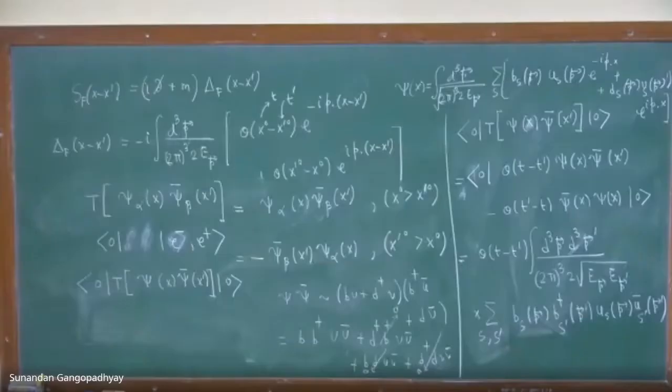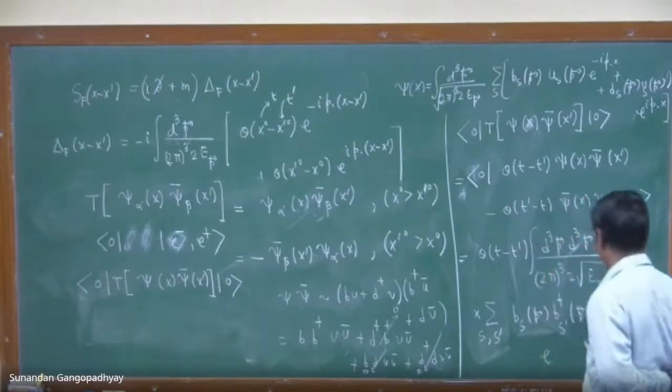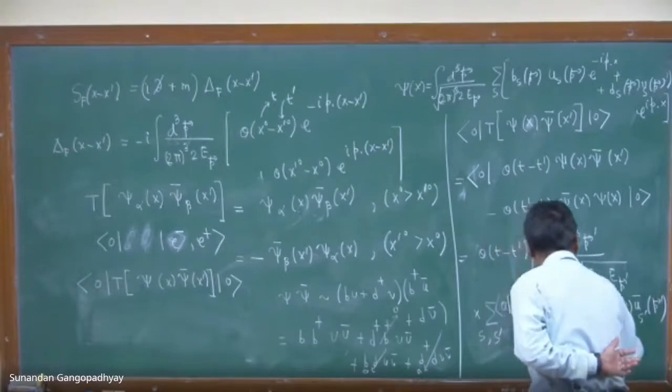Okay. So this gives us this term. Let me see if I missed anything. I think I have missed the exponential factors. So let me write down the exponential. You should remember that you have a vacuum expectation value.